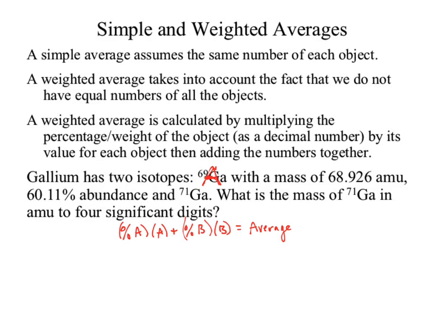What is the percent of gallium-69? What is the A value? What are we taking the average of in this case? It's the unit, our mass. What was the mass for A?